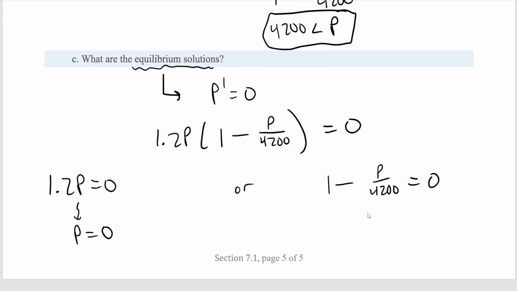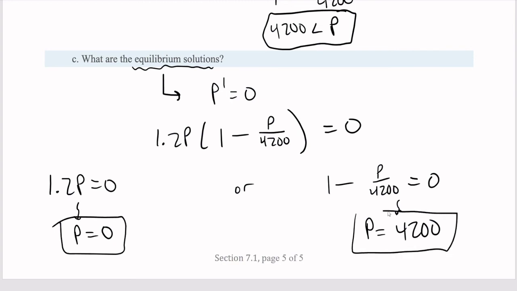Okay, over here, we just solved this like a whole bunch of times. P is going to be equal to 4,200. There we go. If there are no people, no deer, no bacteria, whatever you're doing, then you're not going to make any more of them. You're at equilibrium. On the other hand, if you've hit 4,200 of your population, whatever it is, you're at equilibrium.